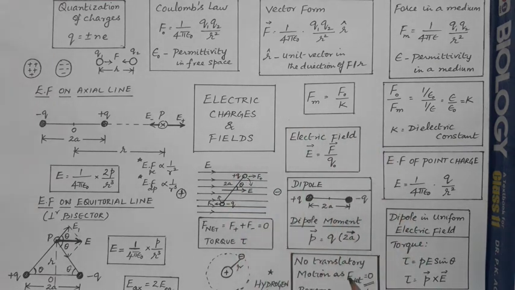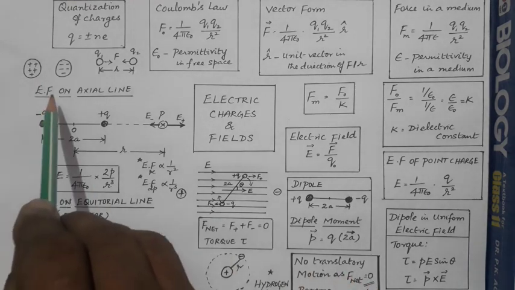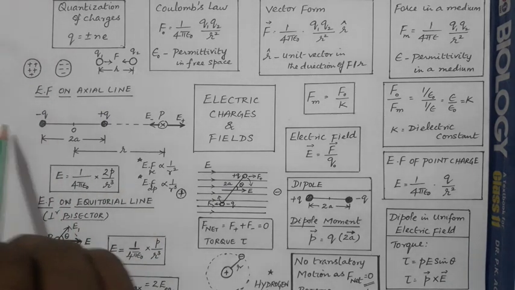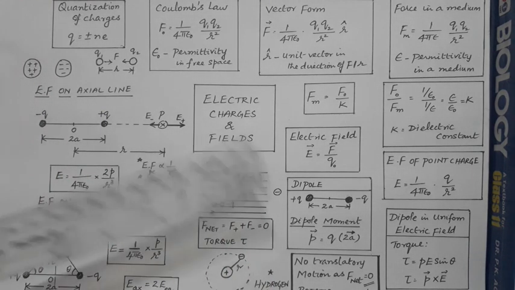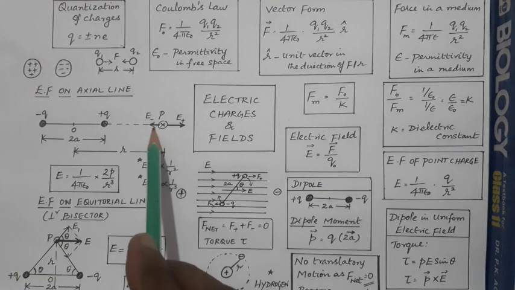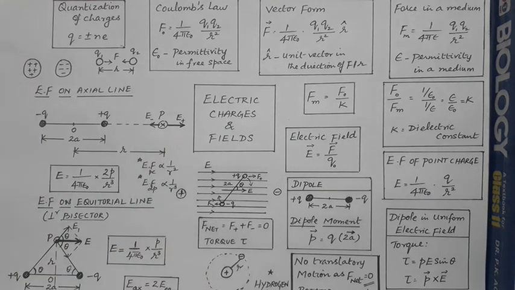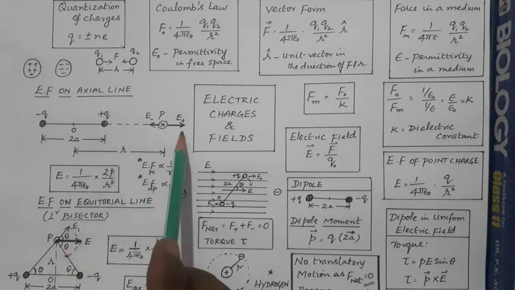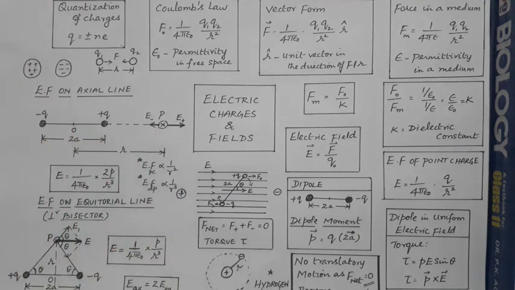Now from here, I move on to the electric field due to a dipole on the axial line. See, this is the axis, and the dipole is there. On this axis, I choose a point P and find out what the electric field at that point is. At point P, the electric field is due to the positive charge and the negative charge.